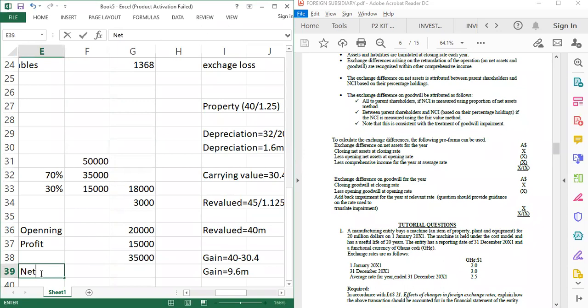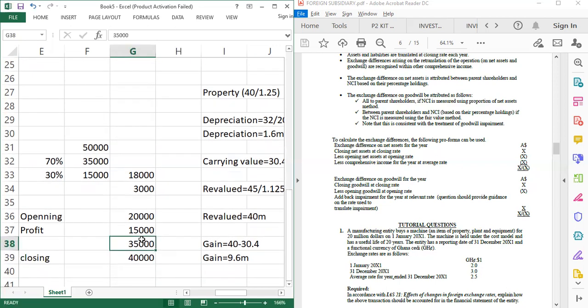But after translating the closing net assets, they are now saying that the closing net asset is 40,000. What is happening? It should have been 35,000, but it's now 40,000. What is happening?